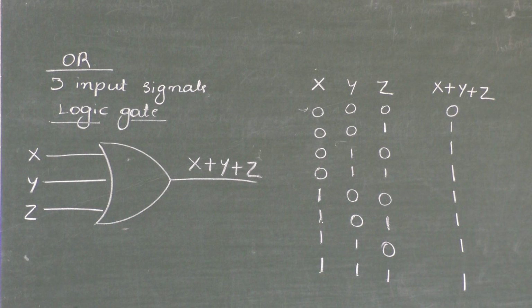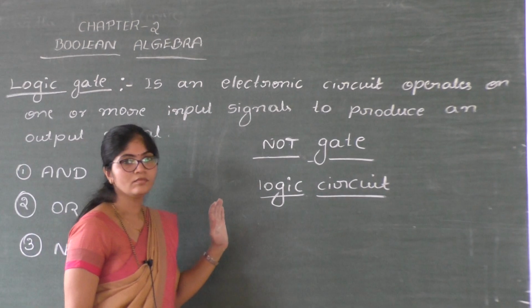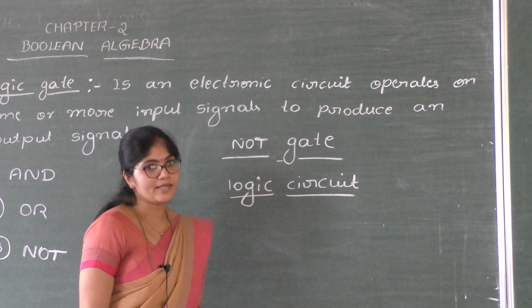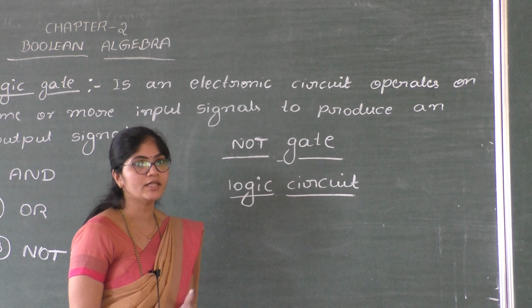Next, NOT gate. A NOT gate accepts only one input signal and it produces only one output signal.